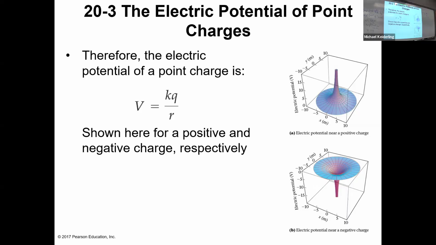So the general way that we approach electric potential for something like a point charge is that far, far away is 0 electric potential. And then you get bigger and bigger magnitude as you get closer to the point charge.